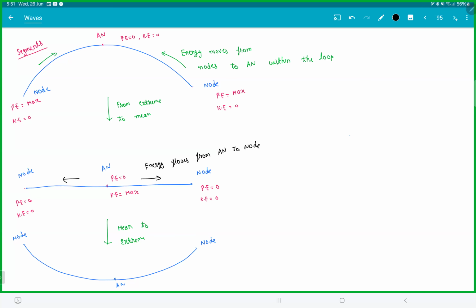How is energy constant in the loop? Let's see. If you see here, the energy is continuously moving. So let me put it down.